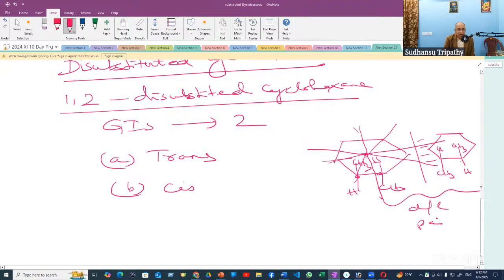So the trans exists. When you say trans, it means it is a geometrical isomer relative to cis. But within trans, there are two enantiomers. Trans exists as a DL pair. But when we study conformation together, you will find there will be two pairs of enantiomers.